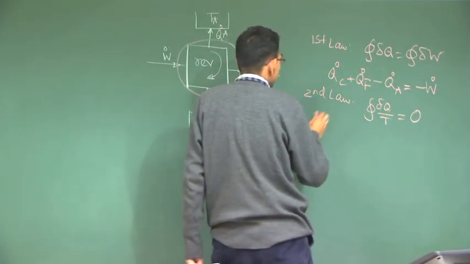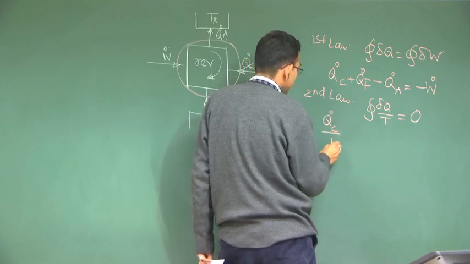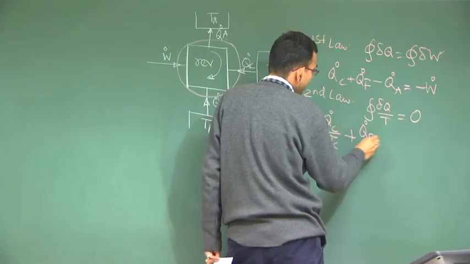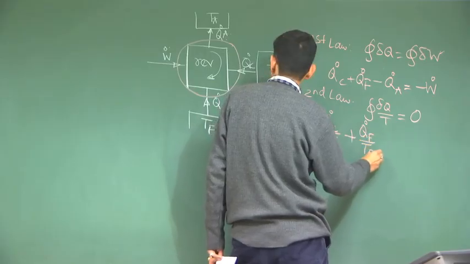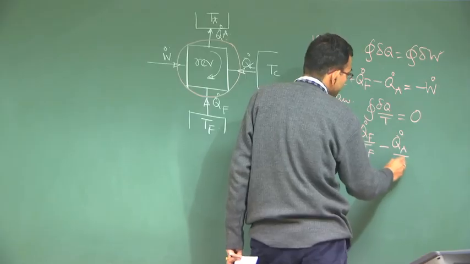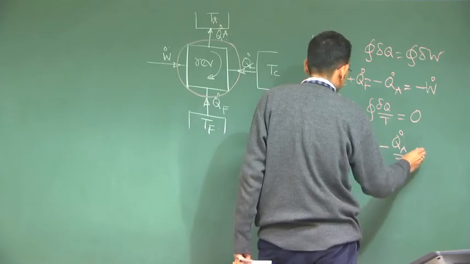So, this is Q dot C divided by Tc plus Q dot F divided by Tf minus Q dot A by Ta is equal to 0.